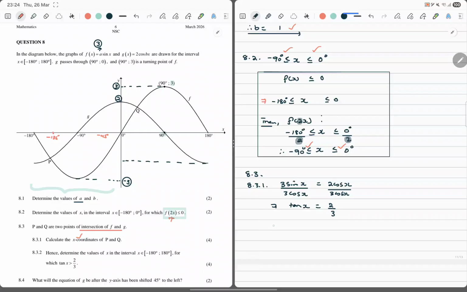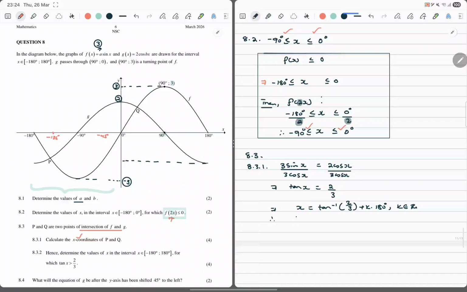Now with tan, we know that x is going to be the arctan of 2 over 3 plus k times 180 degrees, where k is an element of integers. Therefore x is, let's do it. So arctan of 2 over 3 gives us 33.69 degrees plus k 180 degrees, where k is an element of integers.